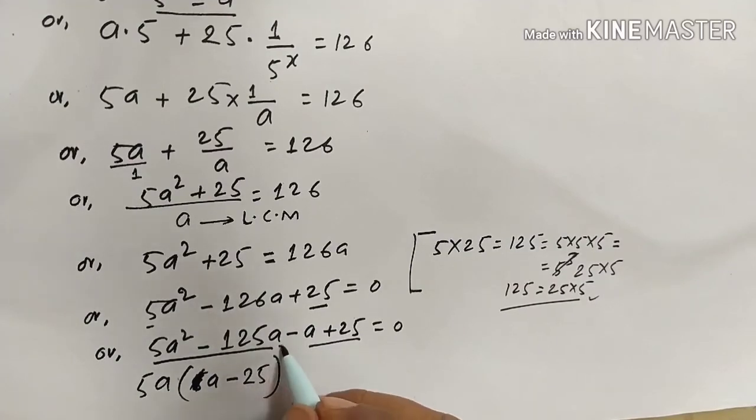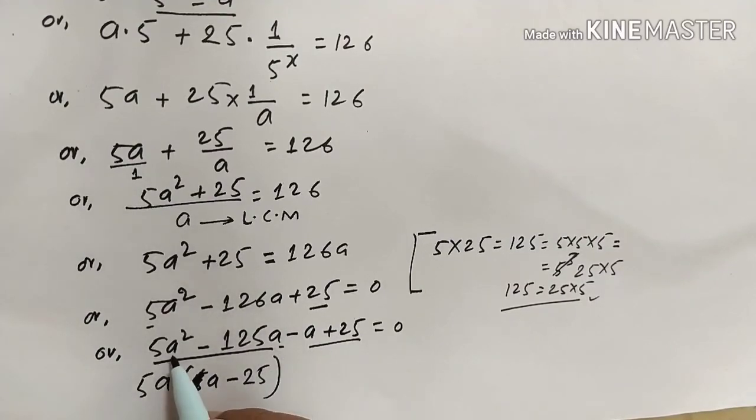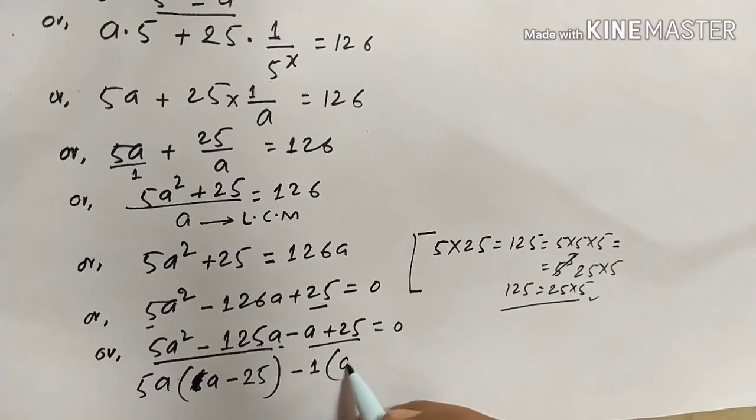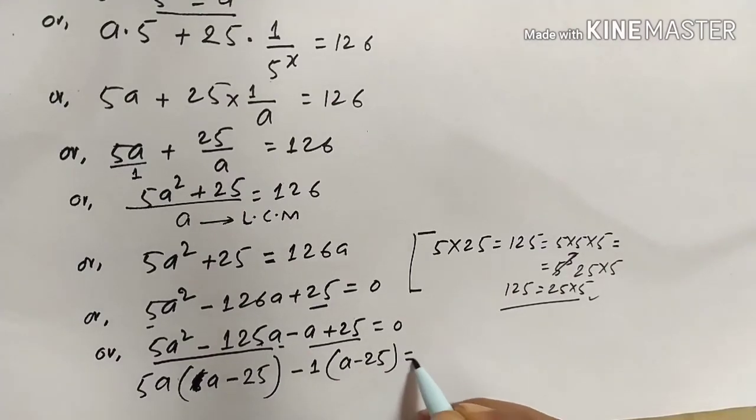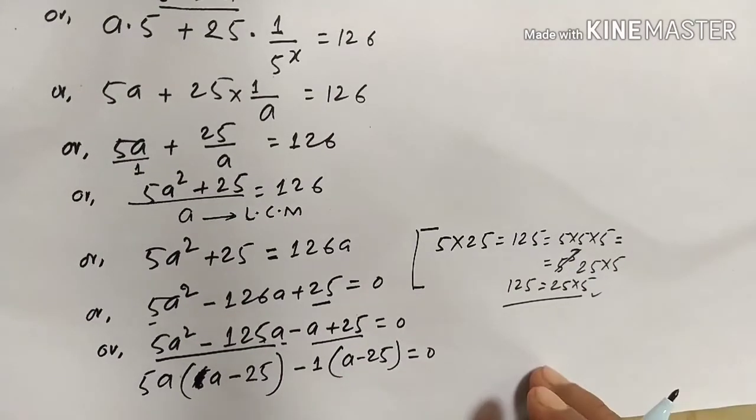Now since a is taken common, here is a and minus only 25, minus between a and 25 there is 1 as common, so a minus 25 is equal to a.